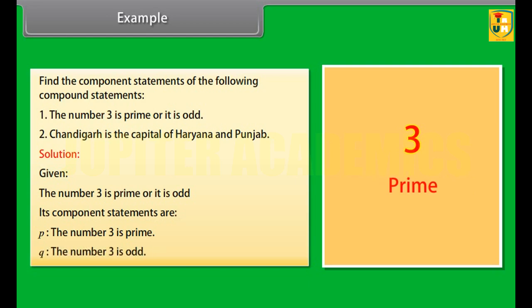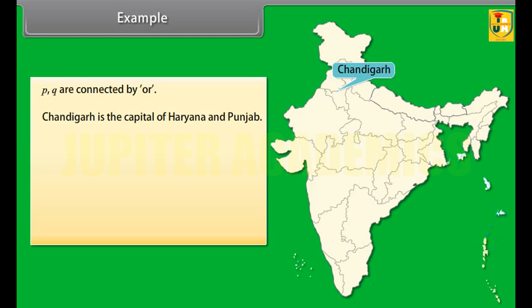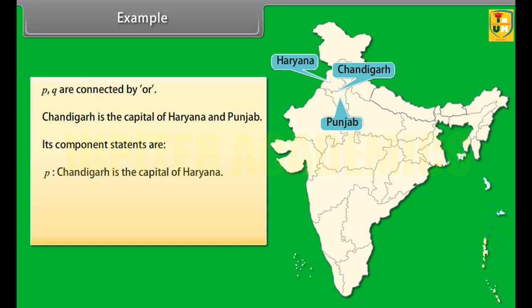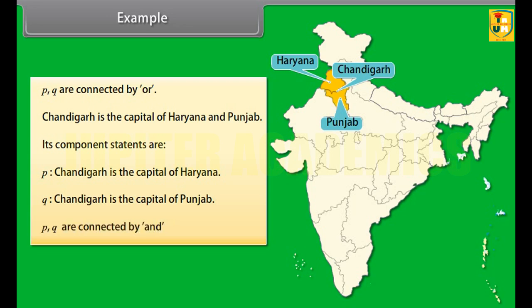Q is a statement that the number 3 is odd. P and Q are connected by or. Chandigarh is the capital of Haryana and Punjab. Its component statements are: P is a statement that Chandigarh is the capital of Haryana. Q is a statement that Chandigarh is the capital of Punjab. P and Q are connected by and.